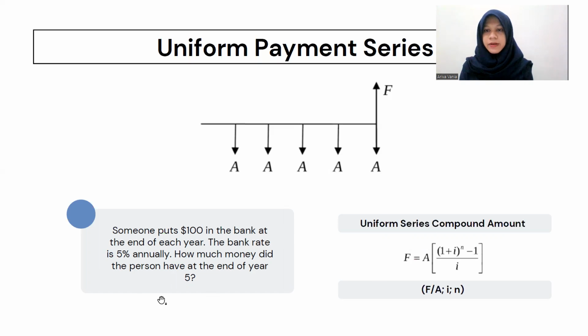To solve this problem, we can use the uniform series compound amount factor. The main characteristic of a uniform payment series is that the payments are annual. So if someone puts in $100 annually for 5 years, then n is 5.